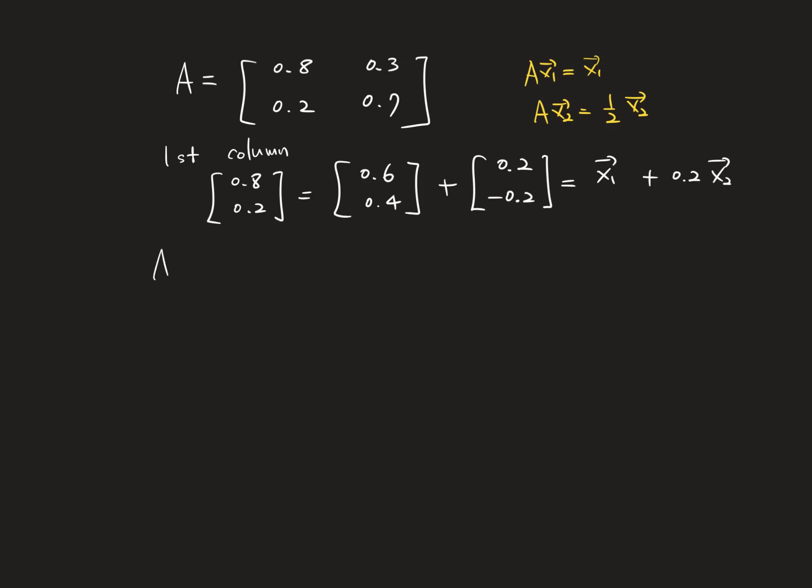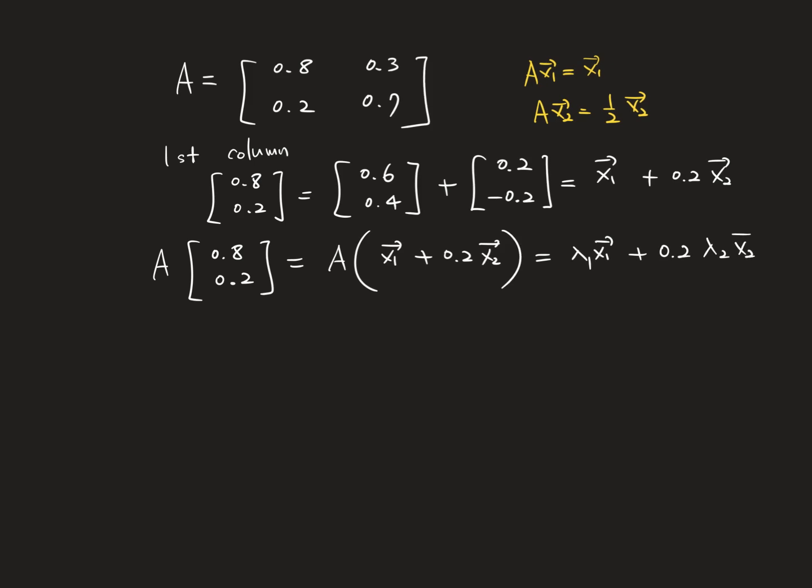And A times the first column will be A times x1 vector plus 0.2 x2 vector, and it'll be lambda 1 x1 plus 0.2 lambda 2 x2.